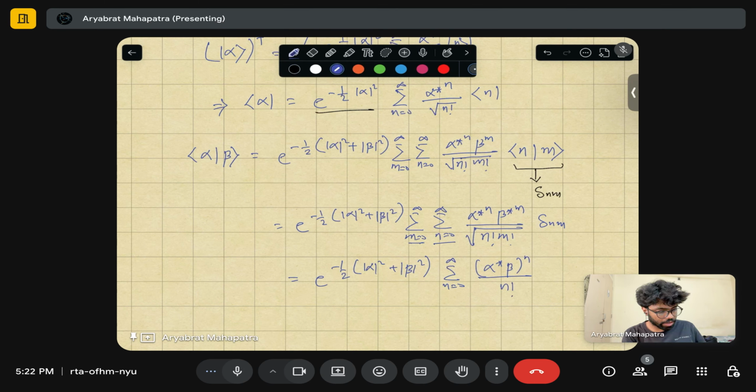For a non-zero term, you should have n equals m.